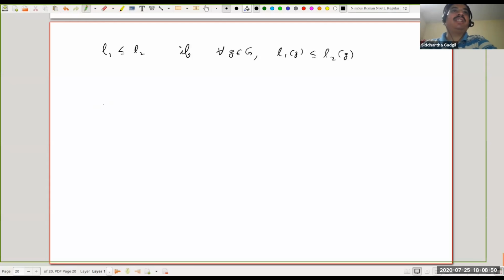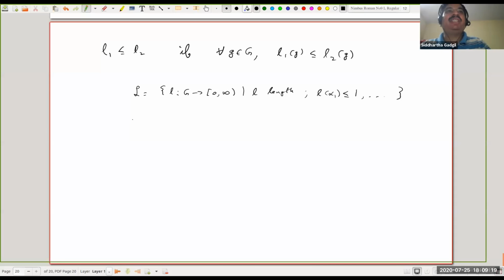The general trick is that you look at the set of all length functions L, which map G to 0 to infinity, with all the properties, like the triangle inequality and so on.